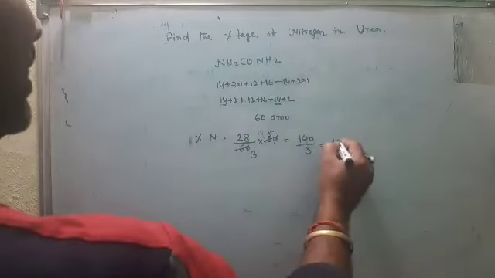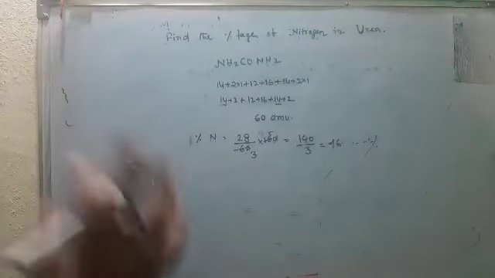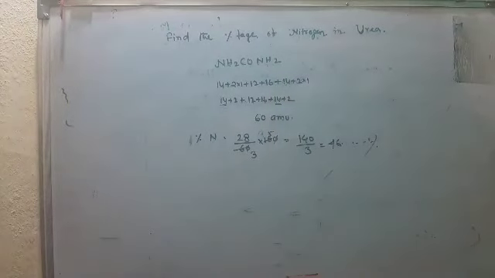I think it comes to 46 point something percent. So like this you have to find the relative molecular mass and percentage of composition. You have to memorize the atomic masses of the elements, and then it is very easy for you to solve. Clear?